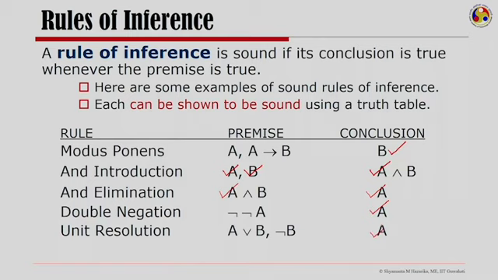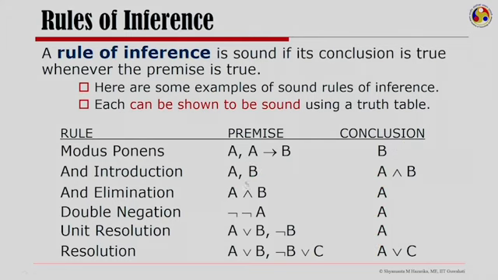And finally, we have a very important rule of inference, the resolution, which is A or B, not B or C, leading to A or C. These rules of inference, I will come back to when we discuss proofs in first order logic in more detail.